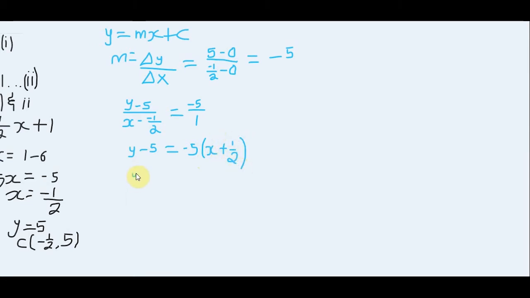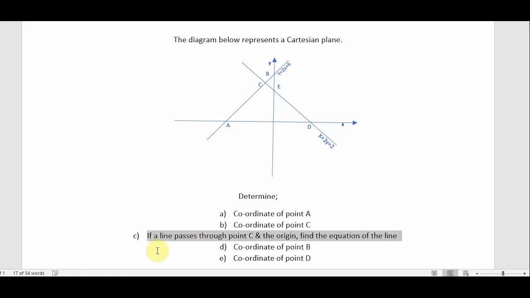Remember, negative is positive. So y minus 5, opening the bracket, gives negative 5x minus negative 5 over 2. Taking 5 to the other side, we get y is equal to negative 5x minus 5 over 2 plus 5, which will be equivalent to 2.5. Now that's the general form of writing it.